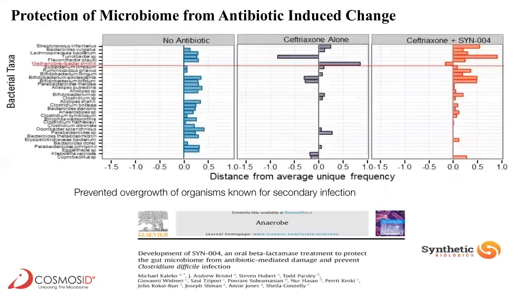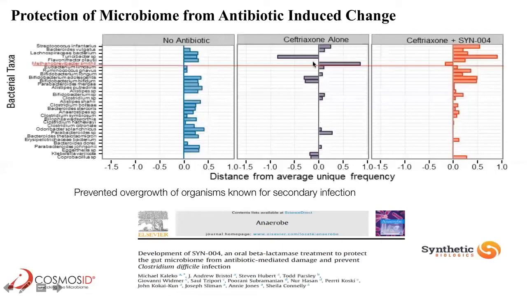We can use the same platform to identify the microbiome signature or biomarker that is associated with different disease states. For example, here we looked at what happens in a normal gut when there is no antibiotic. You see a variety of organisms in a pig model.